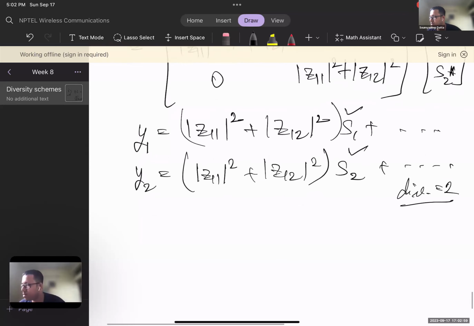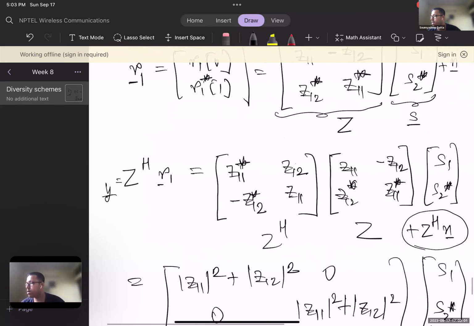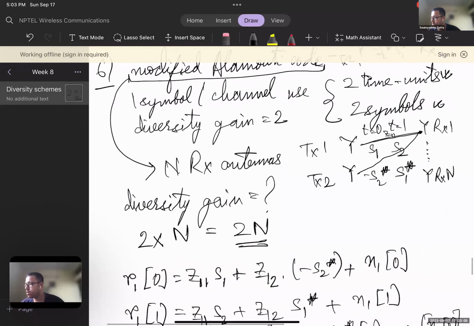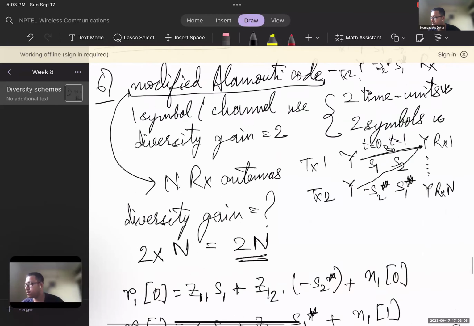Now if you have n antennas, you can actually stack all of these together. You can just keep on making this kind of stack, R10, R1 star of 1, like we made for one antenna.